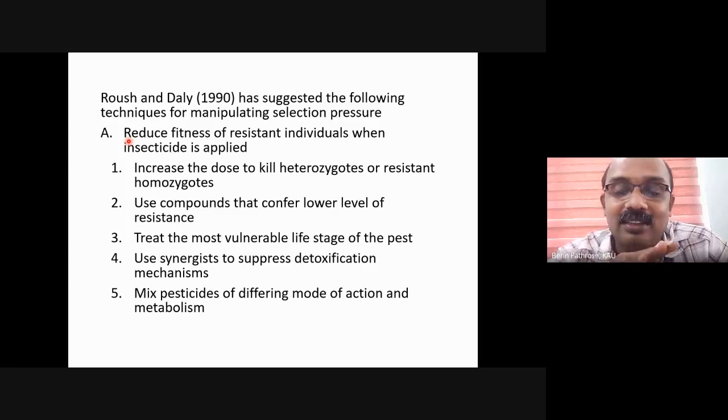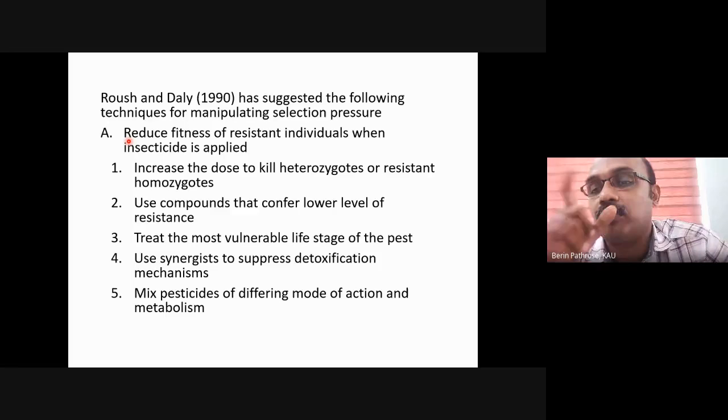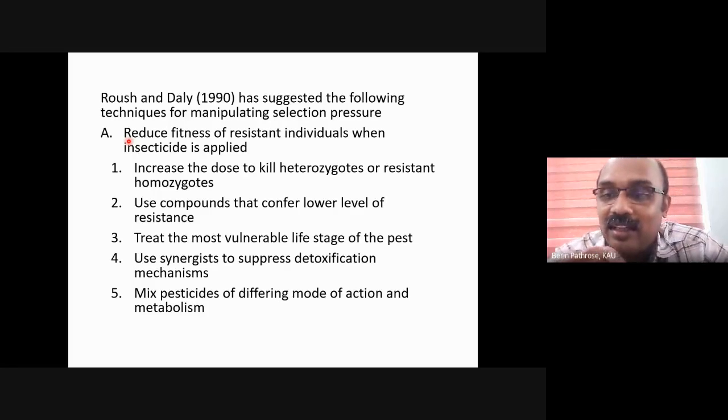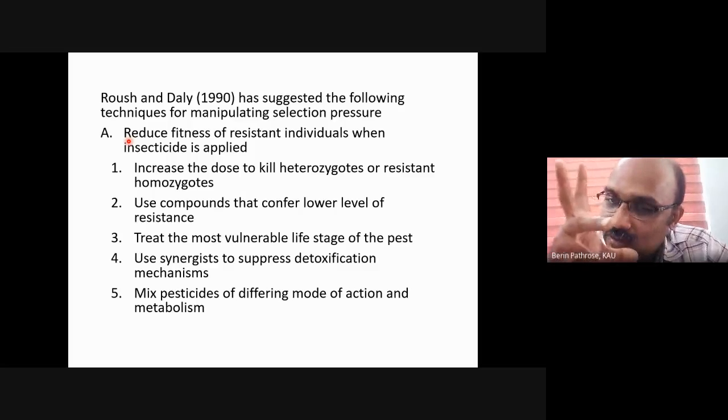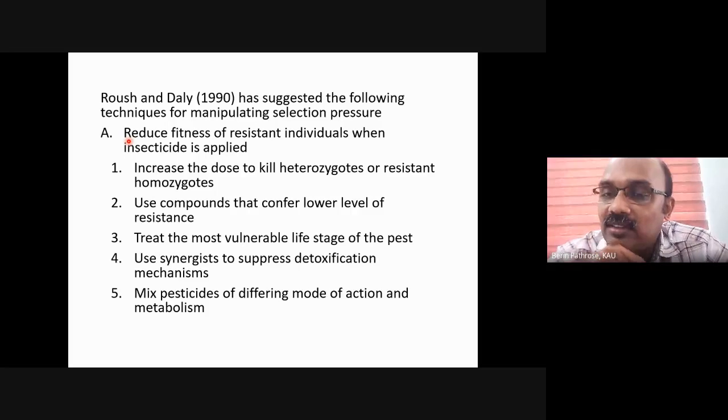So see, inherently certain insecticides don't develop resistance quickly, whereas resistance to certain insecticides develops pretty fast. Usually against pyrethroids, insects develop resistance quickly, but I don't know what is the reason Tribolium remains susceptible to deltamethrin. But there are certain groups of insecticides which evolve resistance quickly, and certain ones where resistance develops very slowly.